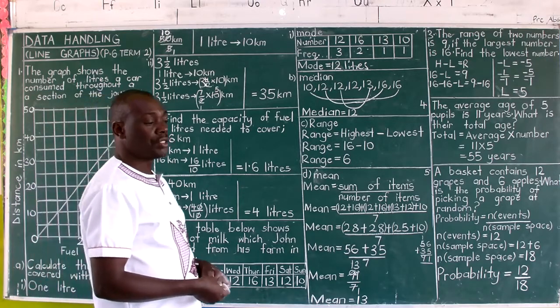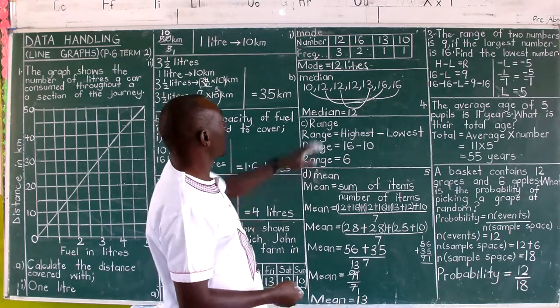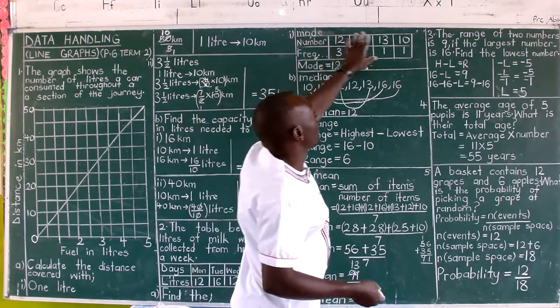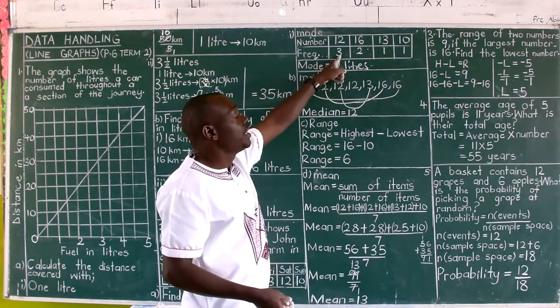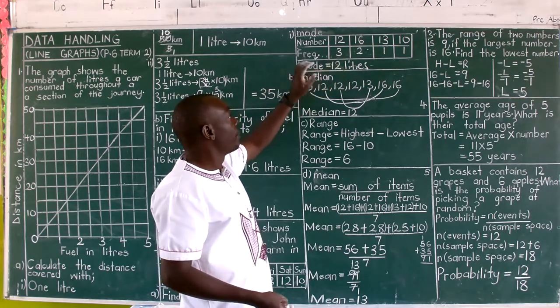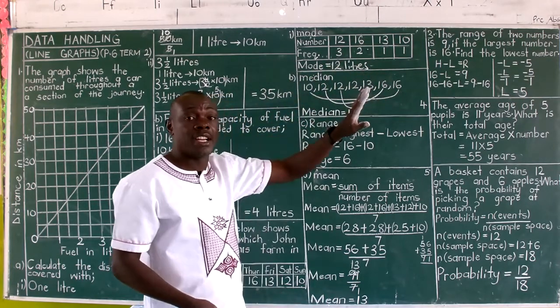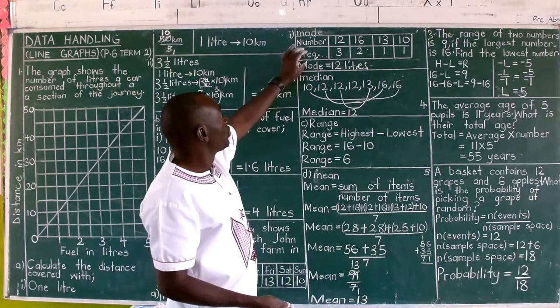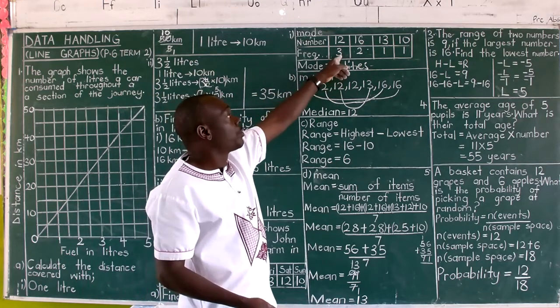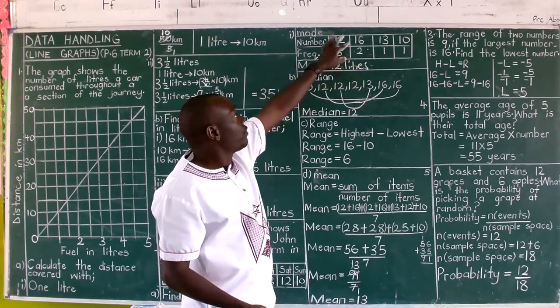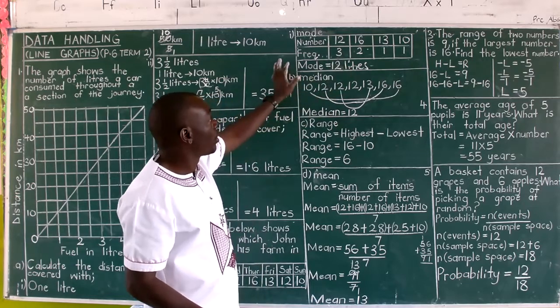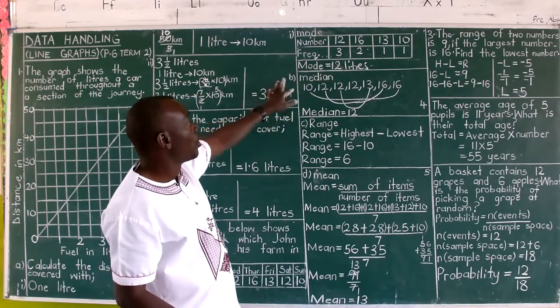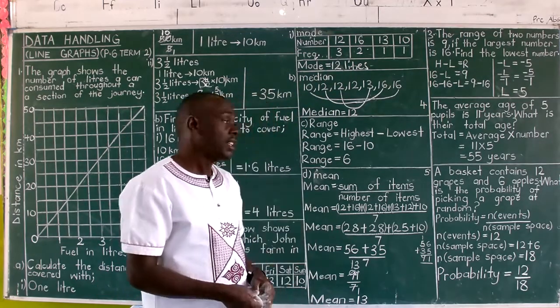The other day they will ask you for the modal frequency. You do the same, number and frequency, showing the whole table. This time they will be in need of the 3. You say modal frequency is equal to 3, whereas the mode is 12 liters.